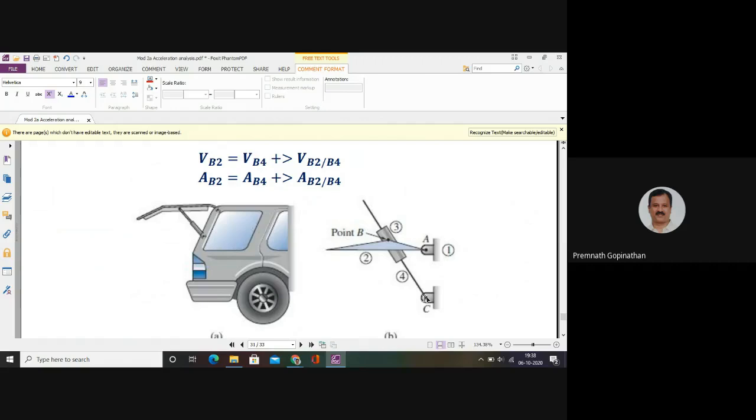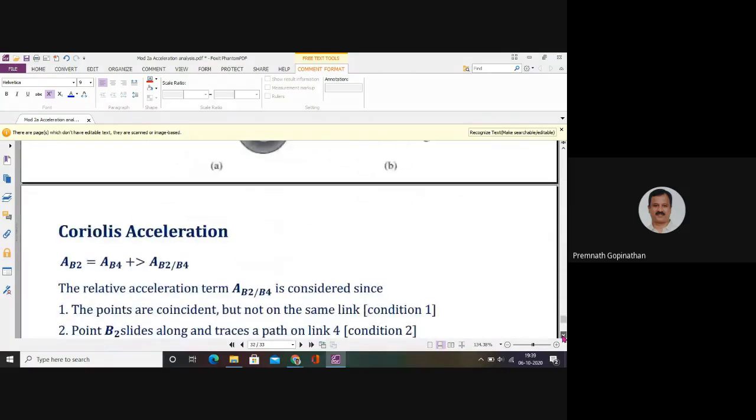So the absolute acceleration of B4 is the acceleration of B4 with respect to point C. Okay, so that is the absolute acceleration, right? Now this acceleration AB2B4 is actually the relative acceleration of B2 with respect to B4, right? Now for that particular acceleration, we can segregate it like this.